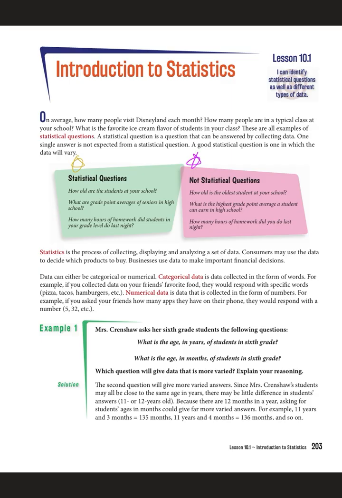For example, if you collected data on your friend's favorite food, they would respond with specific words like pizza, tacos, hamburgers, etc. Numerical data is data that is collected in the form of numbers. For example, if you ask your friends how many apps they have on their phone, they would respond with a number such as 5 or 32.